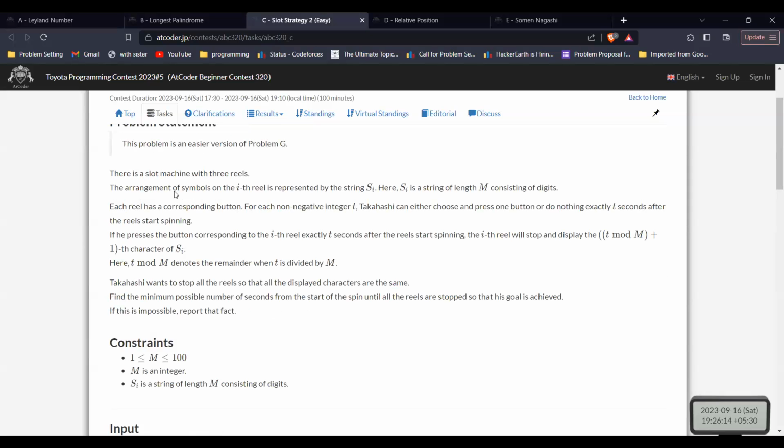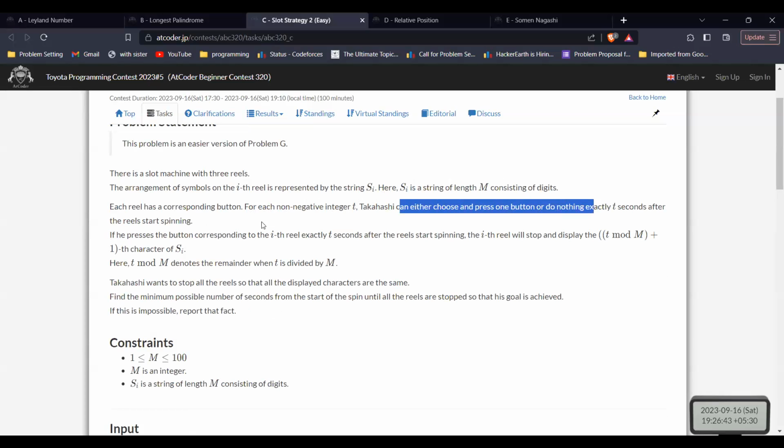In this problem, we are given a slot machine with 3 reels, and the arrangement of the symbols on the ith reel is represented by a string si. Here si is a string of length m consisting of digits, and each reel has a corresponding button. Now at t seconds you can choose and press one button or do nothing.